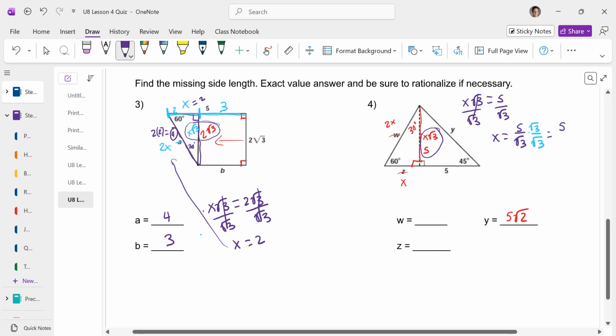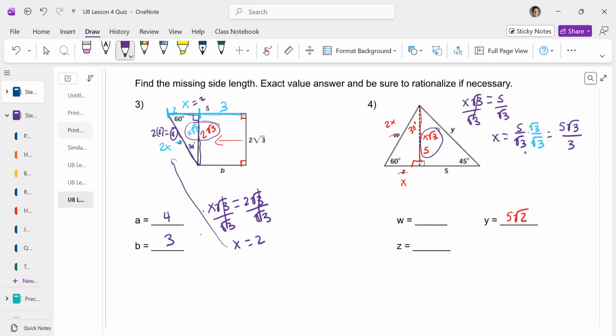And we get 5 root 3 over 3. Another example where whatever you start with under that root, when you multiply it by itself, it just gets you that something without the root. Okay, so x, or this bottom side, is equal to 5 square root of 3 over 3.